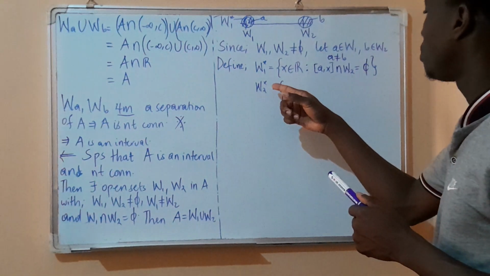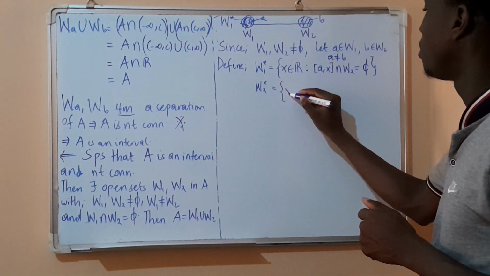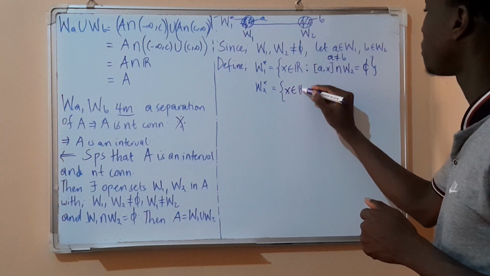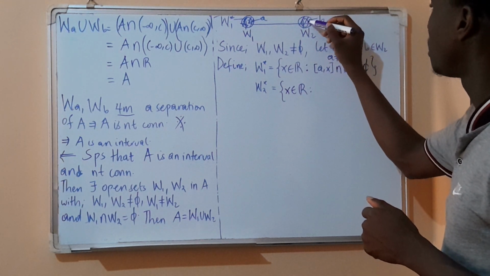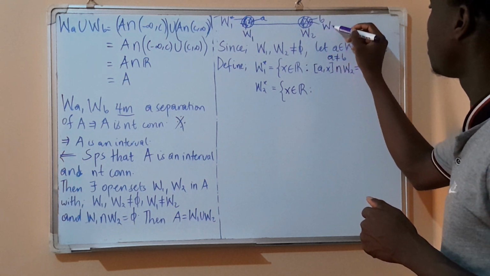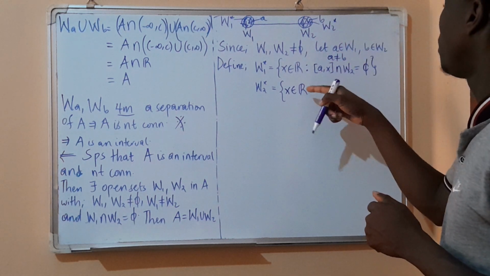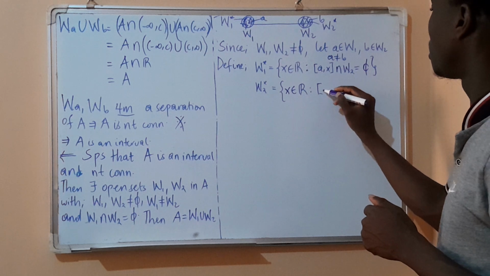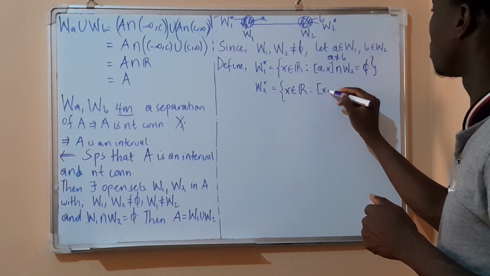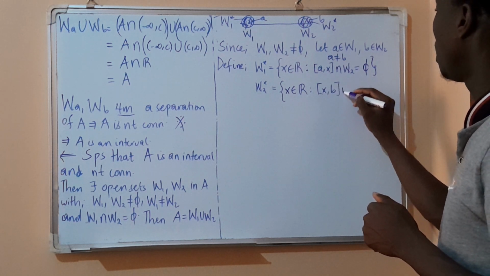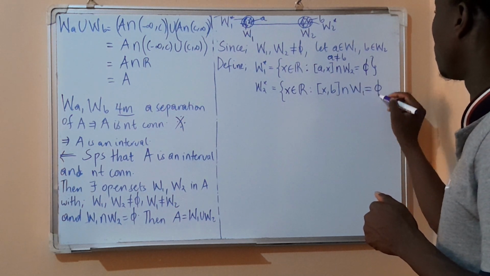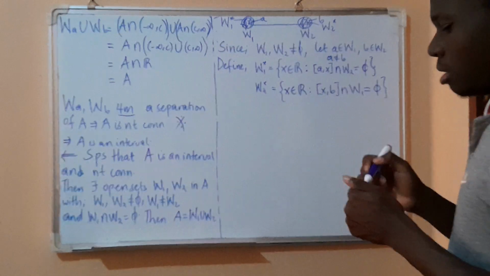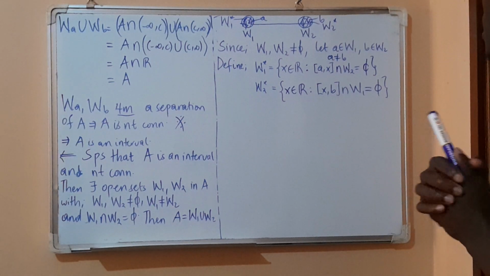Also, W2 star consists of real numbers such that I'm extracting my W2 star from there, real numbers such that they do not meet W1. So I'm having those two sets.